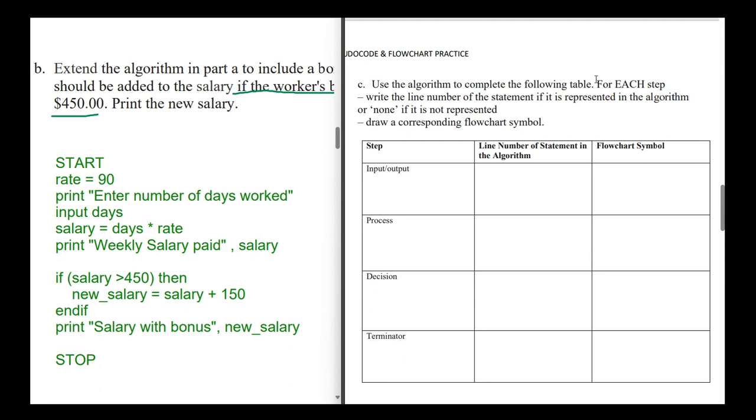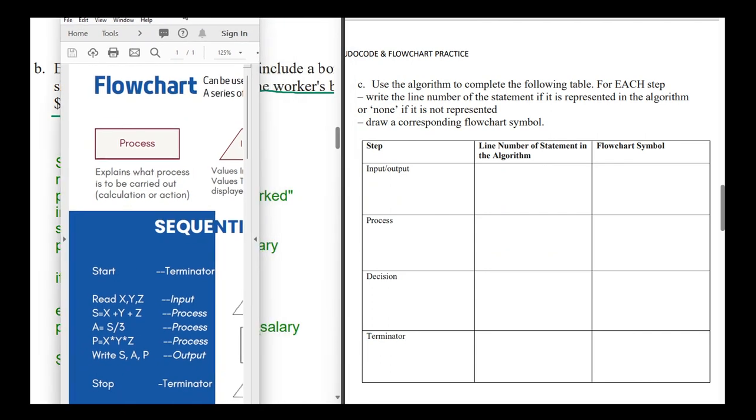For each step, write the line number of the statement if it is represented in the algorithm or none if it is not represented. Draw a corresponding flowchart symbol. So we'll be looking at the flowchart symbols, right? If you don't remember what they are, let's do a little reminder.